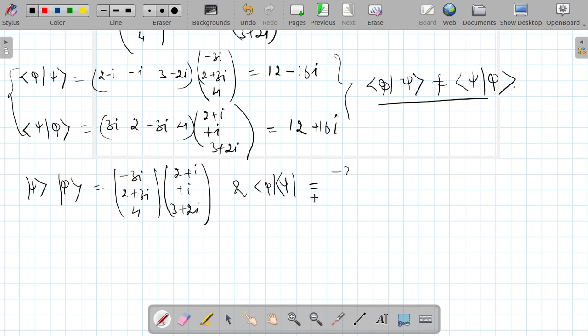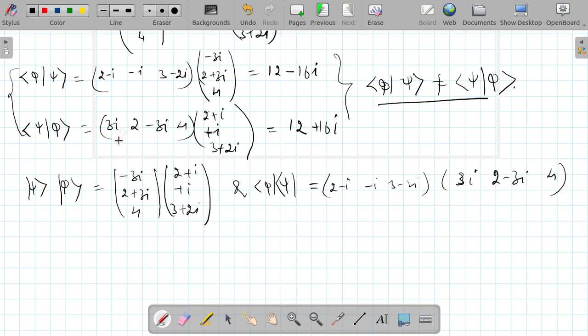Then phi and psi: the value of phi will be minus iota, 2 minus iota, 3 minus 2 iota, and it is 3 iota, 2 minus 3 iota and 4. Now let us have a look at these two.